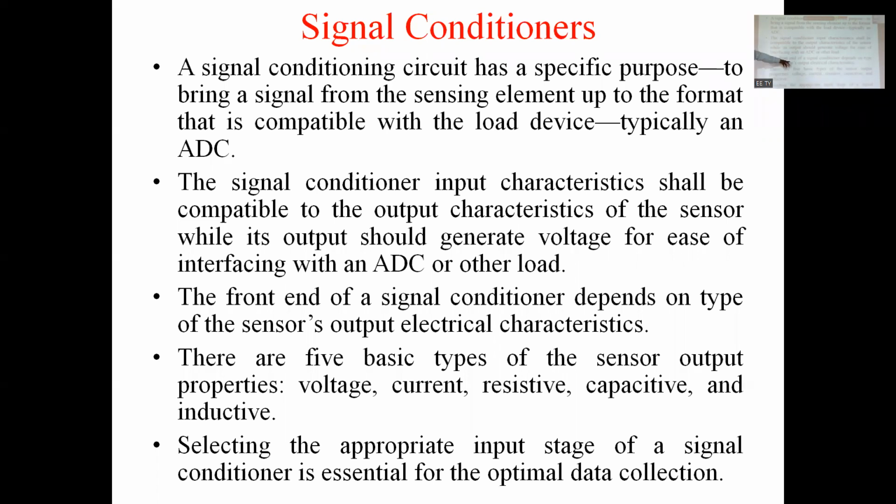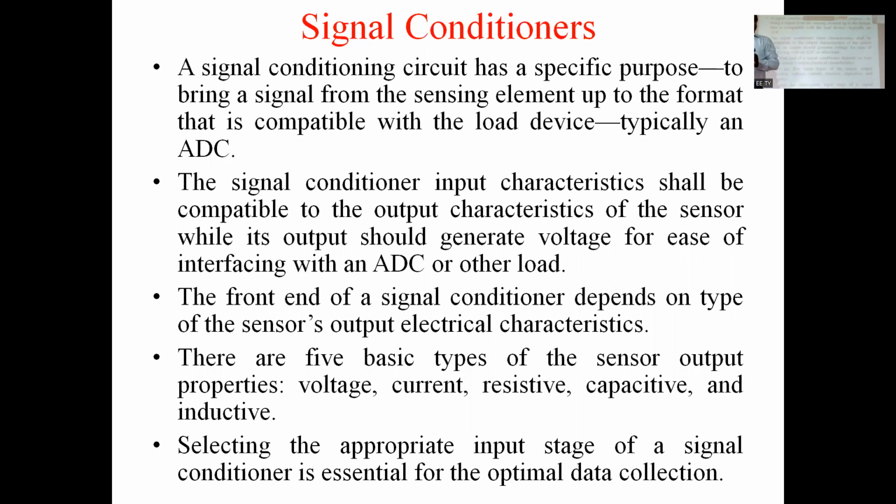Now the front end of the signal conditioner depends on the type of sensor output electric characteristics, right? So we already know a sensor is one type of device which can convert non-electrical energy into electrical.